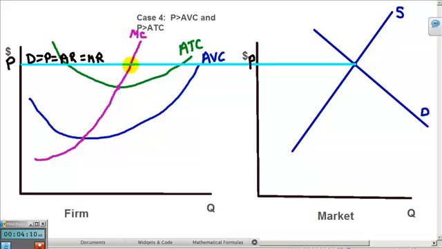But finally, right at this point, they become equal. And so the firm doesn't want to produce any more, because beyond that, as we move to the right to higher quantities, the marginal cost is higher than the marginal revenue. The extra cost of making another unit would be more than it would sell for. We don't want that.